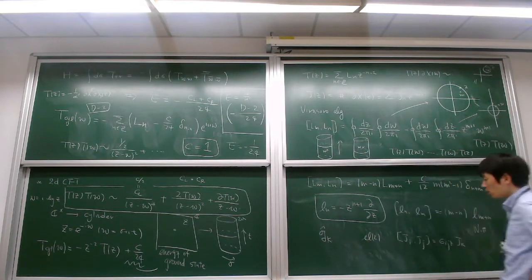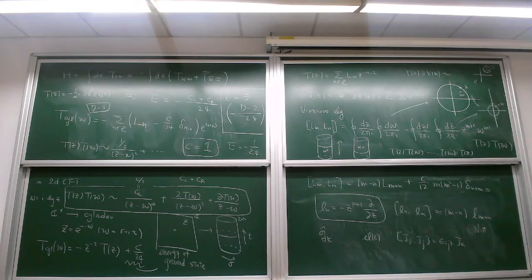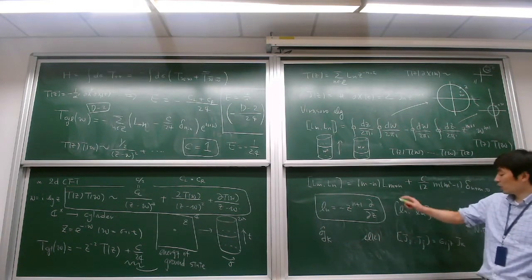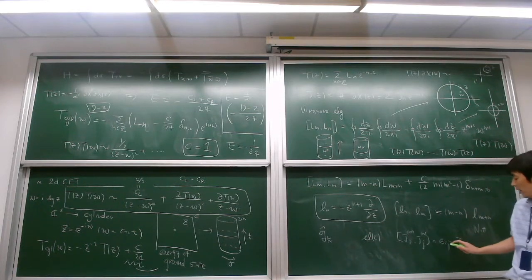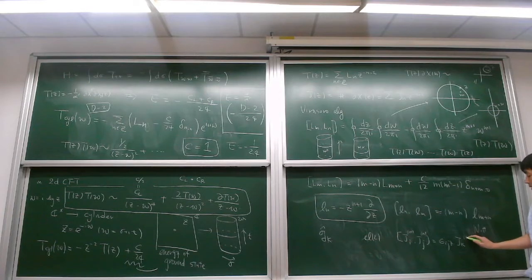This is the SL2 Lie algebra. It's a finite dimensional Lie algebra, but you can add mode expansion like m and n, and you again have some m plus n, with some coefficient, and you have central extension and so on.